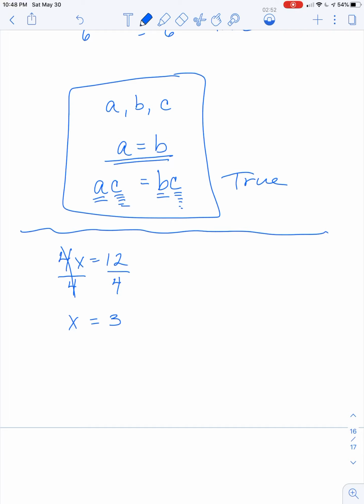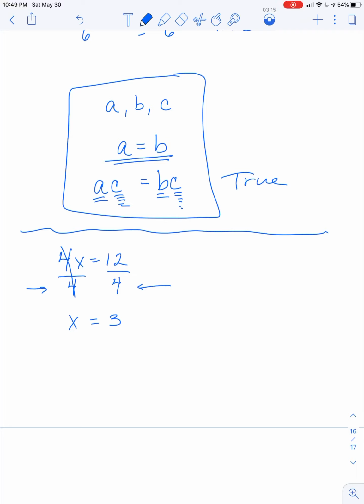So you can see that if every term on both sides of an equation is either multiplied or, in this case, divided by the same non-zero quantity, or the same non-zero number, which in this case was 4, then the resulting equation will be an equivalent equation to the original equation.